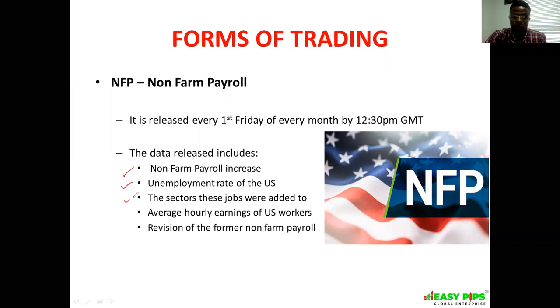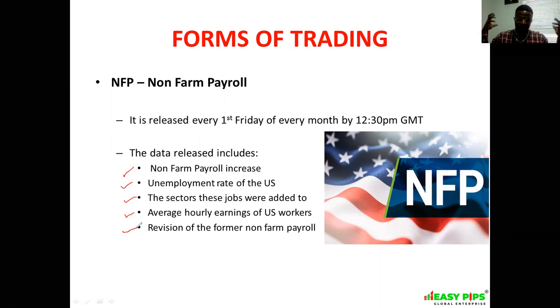And this news also tells us the sector the jobs were added to. It tells us the average hourly earning of US workers. And it also gives us a revision of the former one. If you don't know the former employment rate, how are you going to know if the economy is moving forward or not?